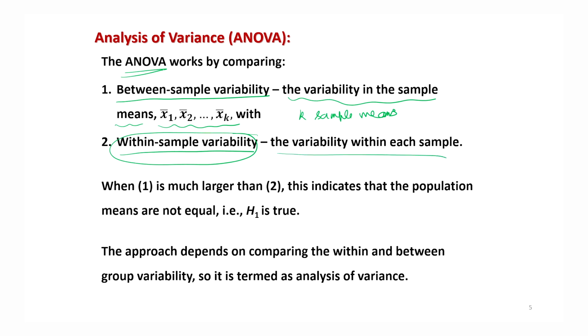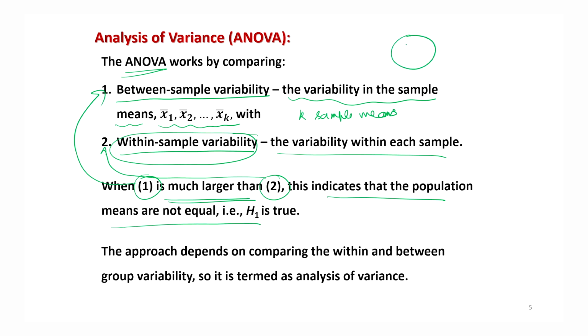So I can say that when the between sample variability, that is the first one, is much larger than the within sample variability, which is the second, what does this indicate? That between sample variability is much higher than the within sample variability. This indicates that the population means are not equal. For example, suppose we have some students from class 1 and we record their ages, and some students from, say, class 10 and we record their ages.